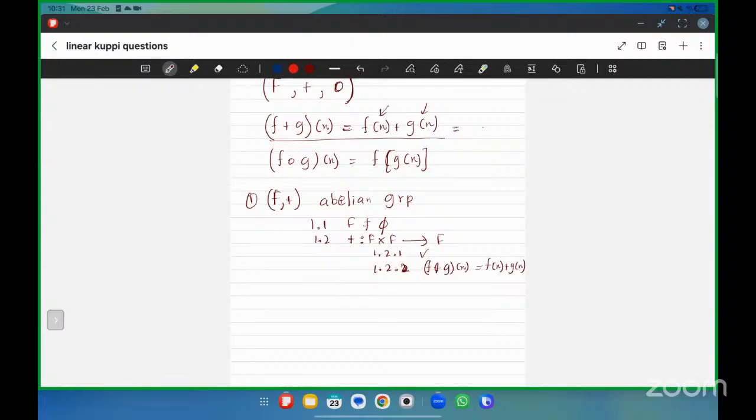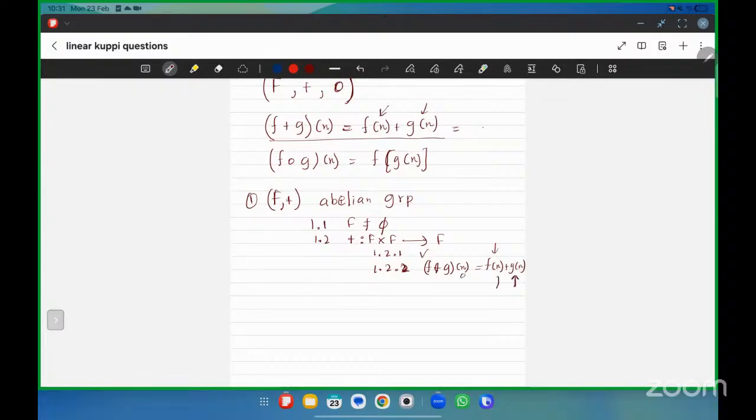So f is bijective and g is bijective. Bijective means two things. One is one to one, so for one x there is only one fx, and only one gx.